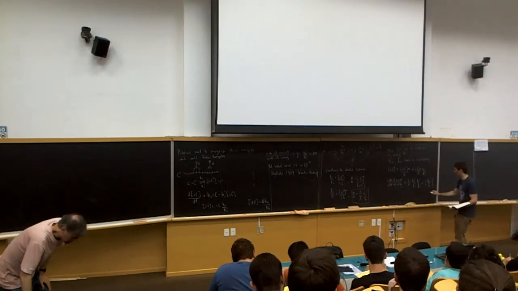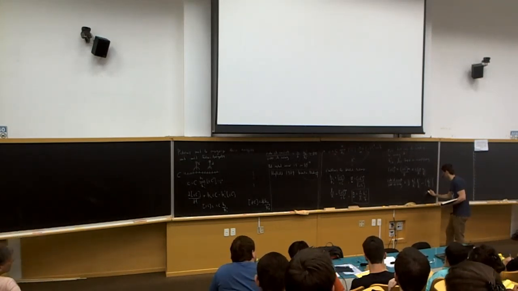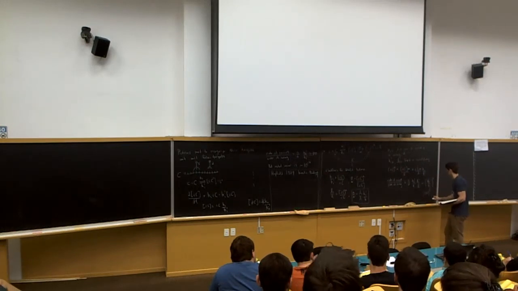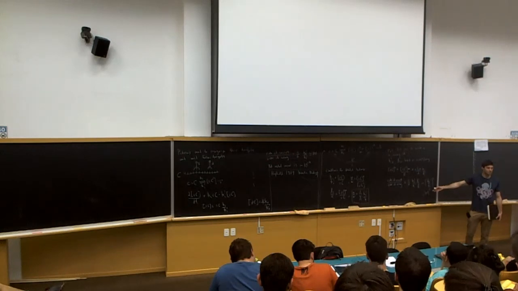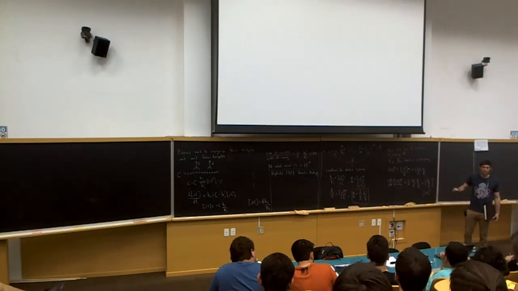And this now gives us our 100 squared. So we got our 10 to the fourth instead of 10 to the 2.